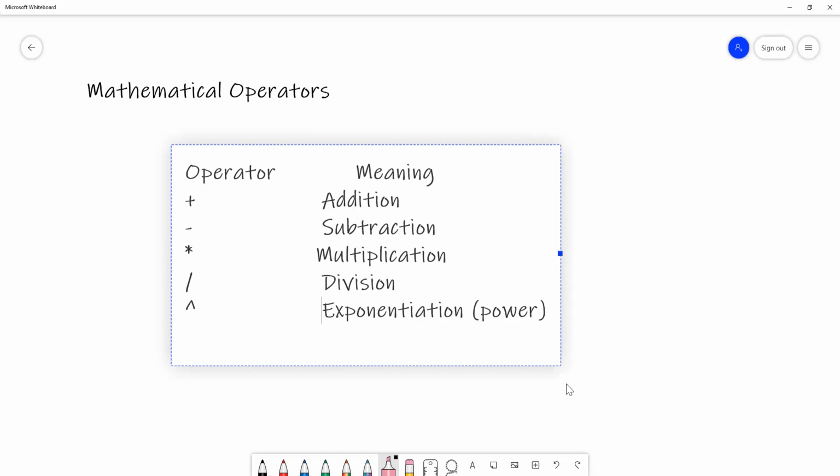So let's take this down. So we have operators, and I have given you the meanings. So these are the symbols that you should use, and these are the ones we have to type when you want to calculate something.